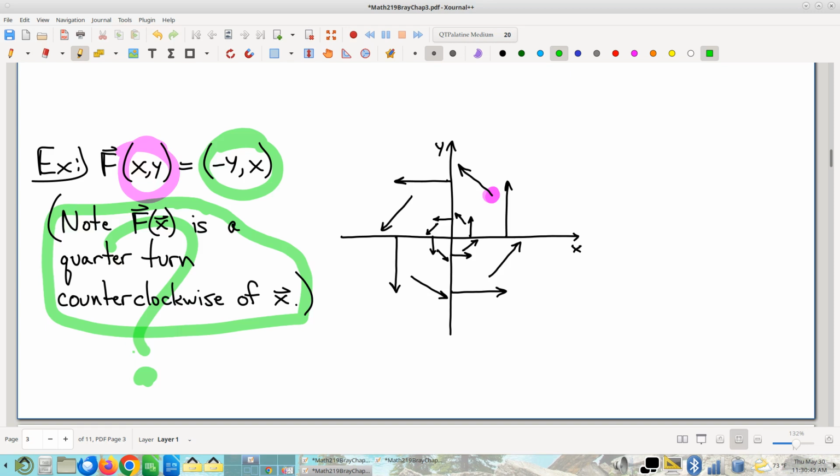But that is something that we do need to get straightened out. Okay. All right, so I claim this is a quarter turn counterclockwise. But that would, again, assume that I interpret the input as a vector. So I have to interpret the input as a vector. There it is, the position vector for that x comma y. The quarter turn counterclockwise would give me something like that. And then I have to remember that we draw the output field vector with its tail at the point that was the input.